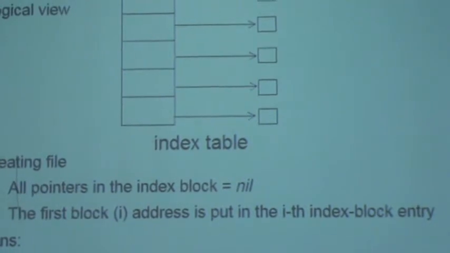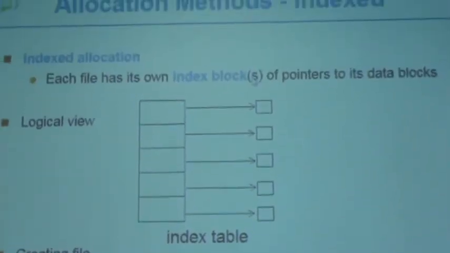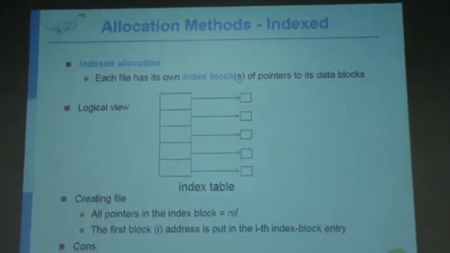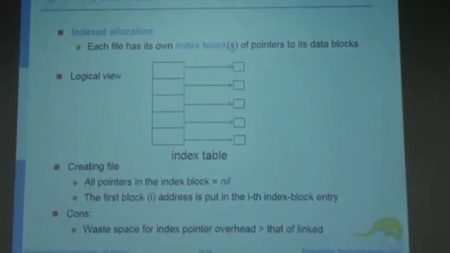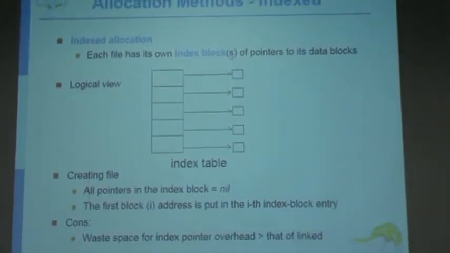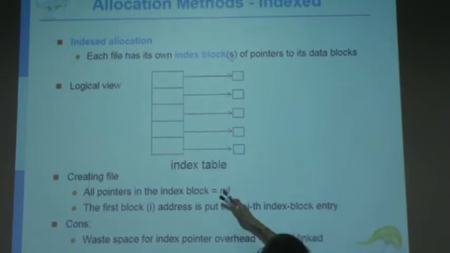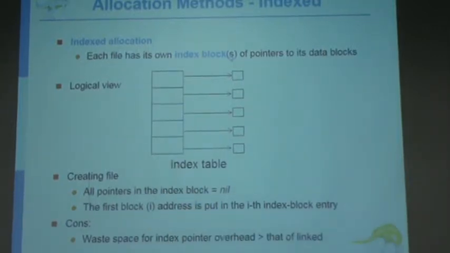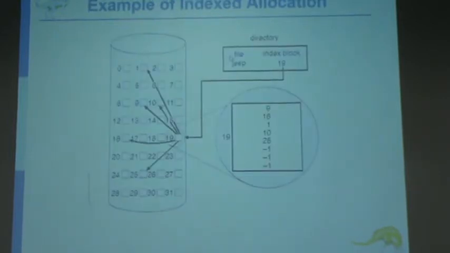We can make it better. How? Why don't we manage such blocks using an index? That is the idea. So the logical view of such index allocation is we manage the index of the block. How can we index? Like this one.